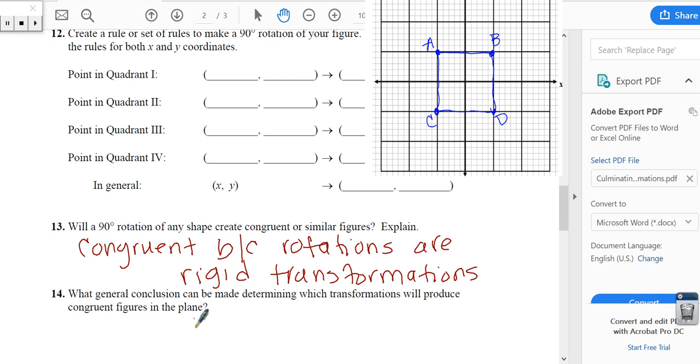All right, what general conclusion can be determined? What general conclusion can be made determining which transformations will produce congruent figures in the plane?